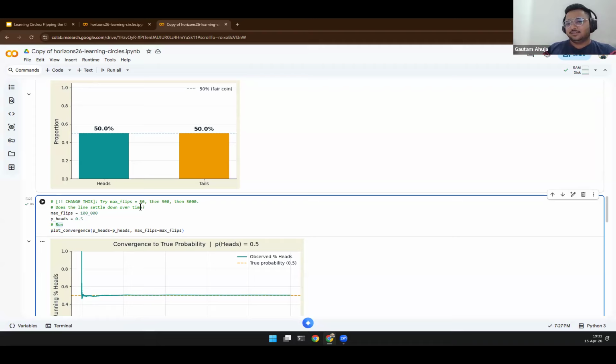Because you could think of the original experiment as performing it at 10 different times of your day, and each time you are just tossing it 100 times. So it would bring about the same intuition.